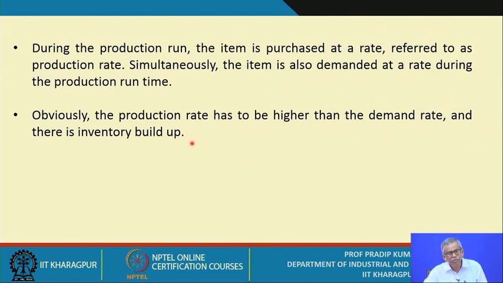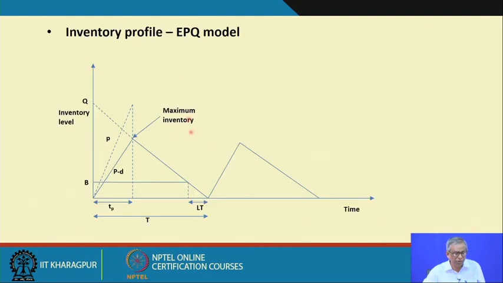And that's why it is referred to as one kind of inventory problem, for which you need to determine the production quantity optimally, and this production quantity is referred to as economic production quantity. Now this is the inventory profile for the EPQ model, the economic production quantity model.